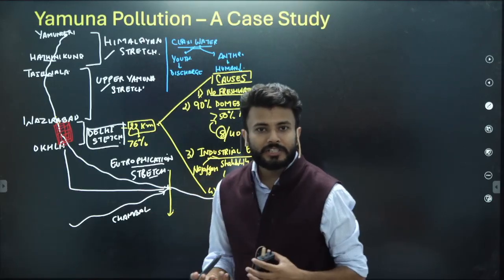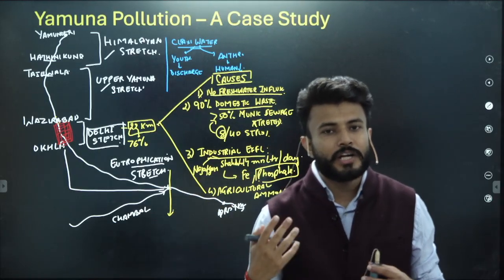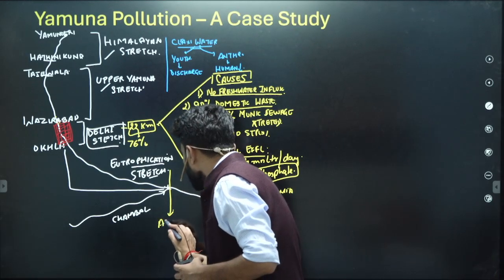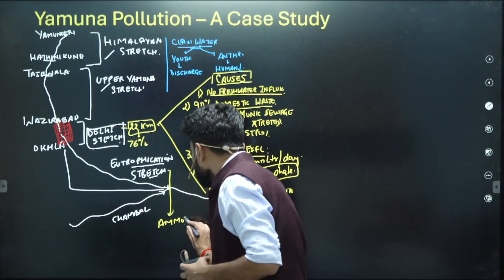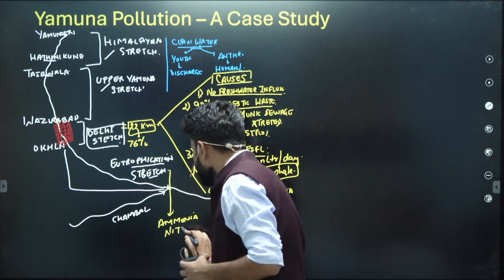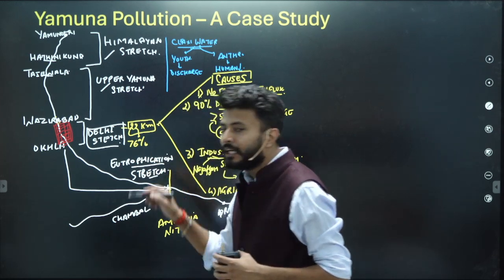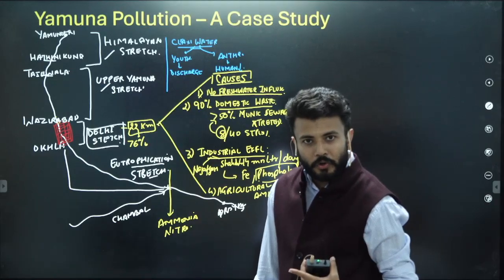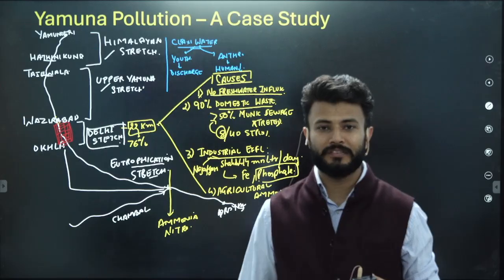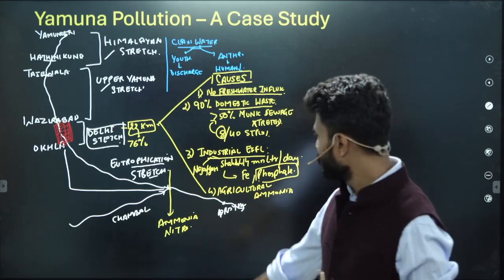In agriculture, we know that we are using a lot of fertilizers. So what is happening is that ammonia pollution is happening because of this. A lot of nitrogenous contaminants are entering the river. We all know the outcome of excessive nitrogenous pollutants in a river body. That is known as what?